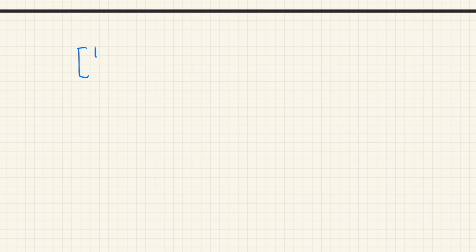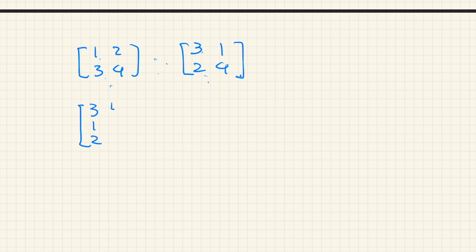Suppose we have matrix 1, 2, 3, 4, and matrix 3, 1, 2, 4, let's say. These two matrices are not equal because their corresponding elements are not equal, although their sizes are equal. And consider another matrix, 3, 1, 2, 5, 6, 8.